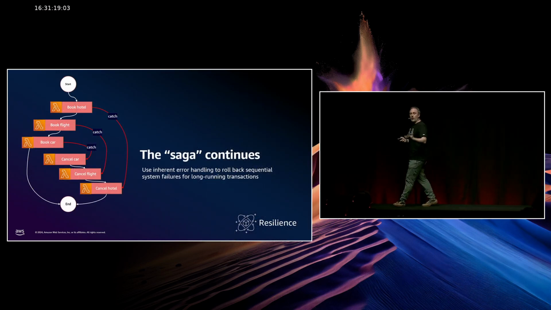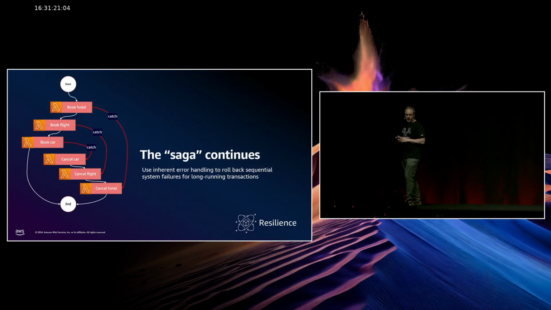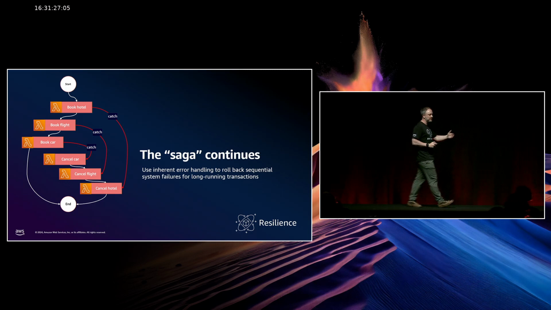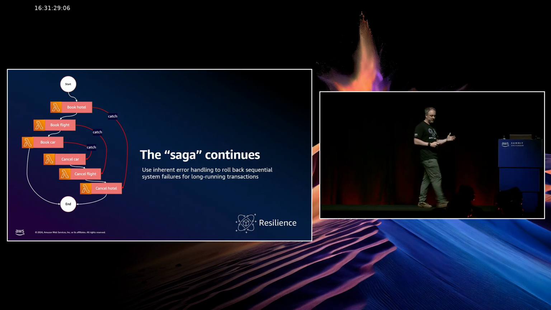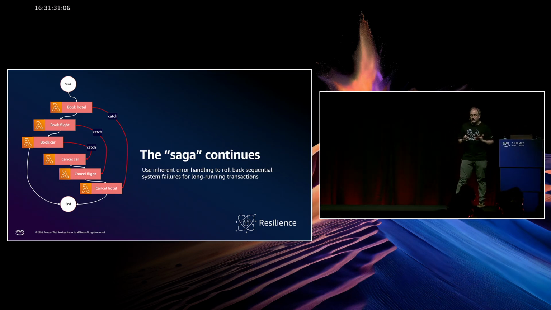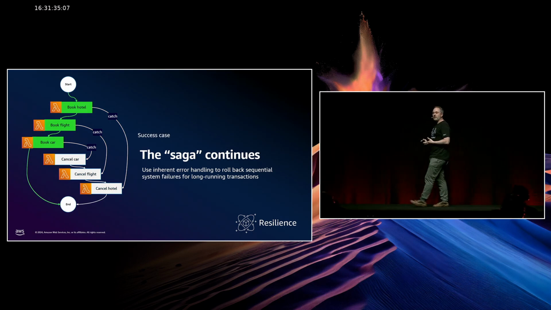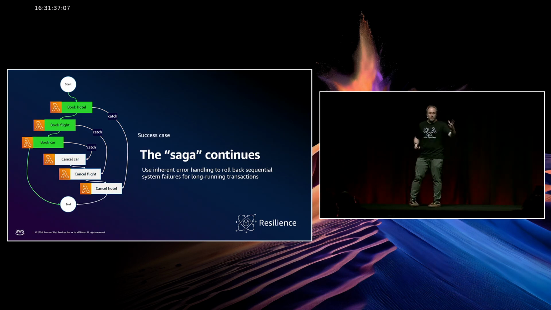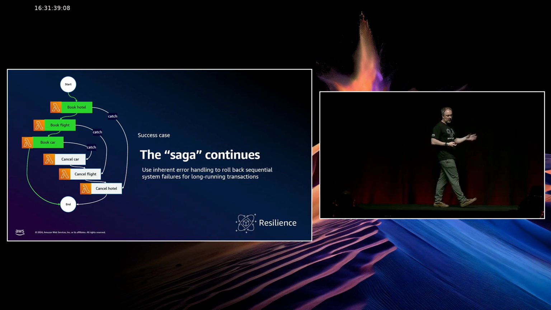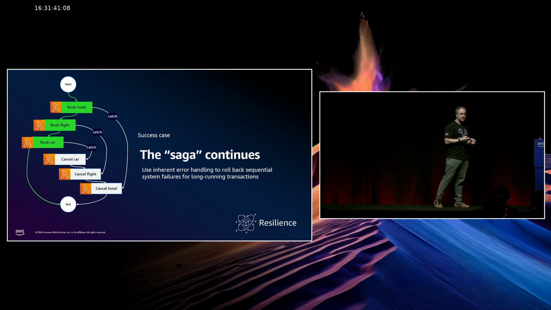Here's a very commonly known pattern in computer architecture. It's called the saga pattern. And this allows you to roll back a series of sequential events in the order in which they occurred. And I think it's a really nice visual way of implementing the saga pattern, right? Let's say in this example is a holiday booking system where I book a hotel, I book a flight, I book a car. This is the nice, happy path.